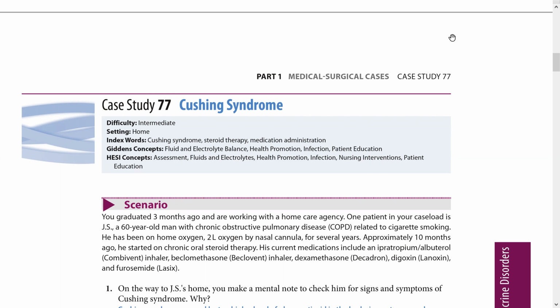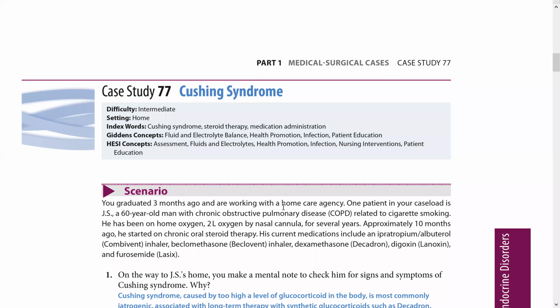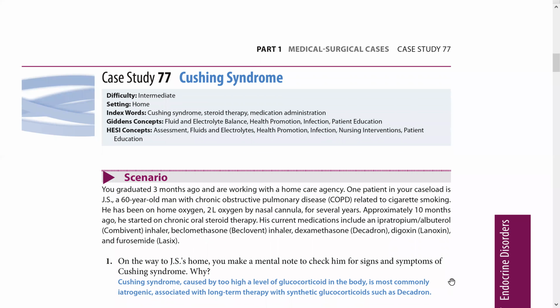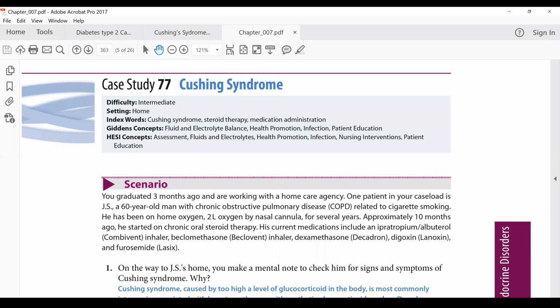Because of chronic use of steroids. Correct, Kay Gannon. Cushing's syndrome is caused by too high levels of glucocorticoid in the body, and it's usually iatrogenic or associated with long-term therapy with synthetic glucocorticoids such as Decadron. So that's very good. What are some other causes of Cushing's syndrome?